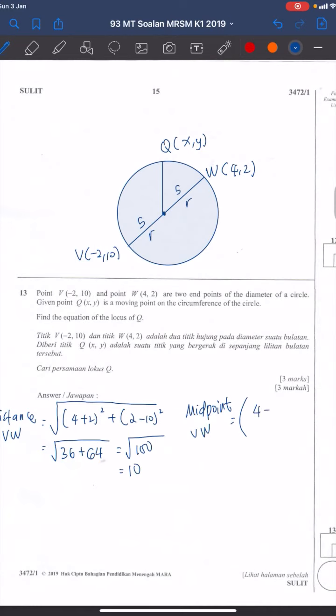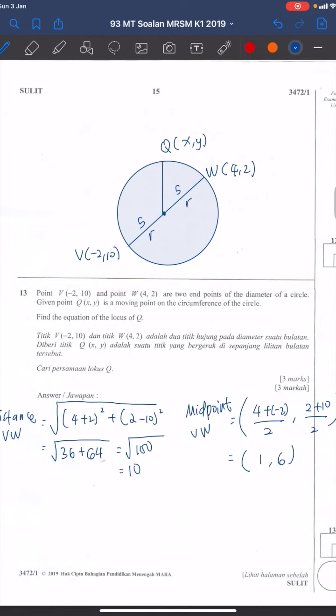Okay, 4 plus negative 2 over 2, 2 plus 10 over 2. So, kita ada 1, 5. Sorry, 12, 6. Okay, so midpoint kita adalah 1, 6. So daripada sini kita boleh mengira equation of locus.